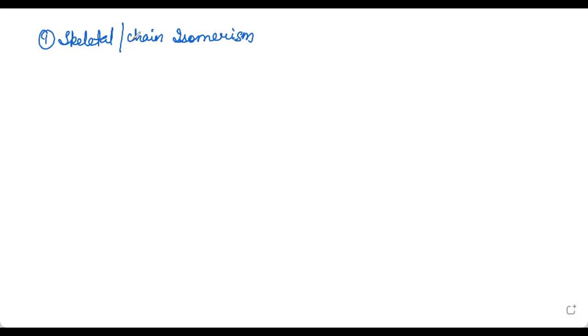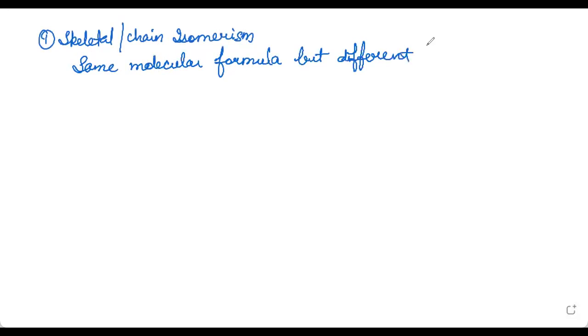So in this type of isomerism, 2 or more molecules will have the same molecular formula, but they will have different length of carbon chain.